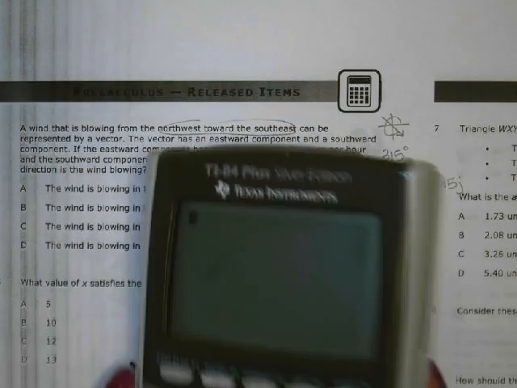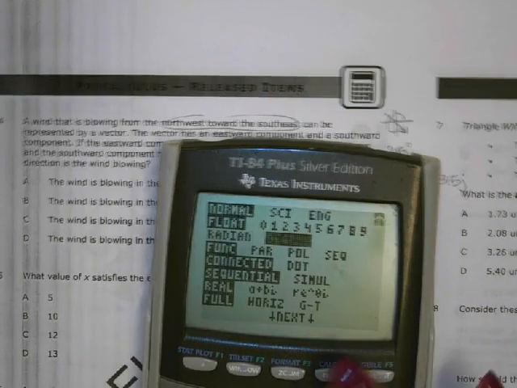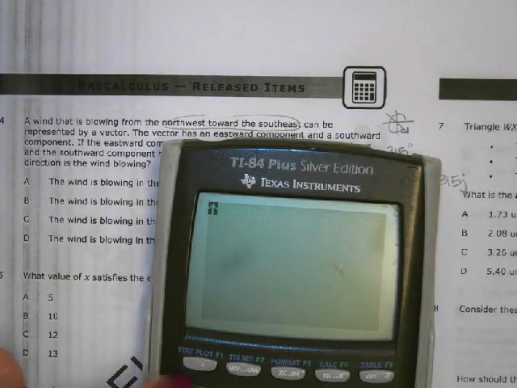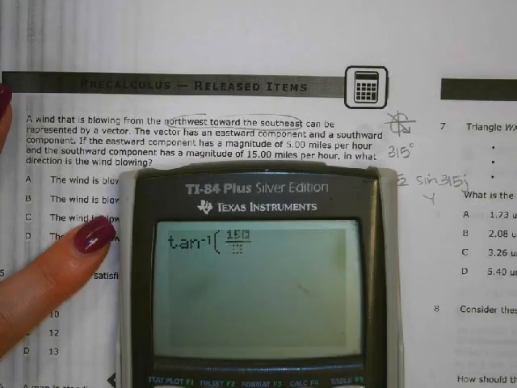In your calculator, you do need to make sure that it is in degrees. Then we do tan inverse of 15 sin 315 over 5 cos 315.